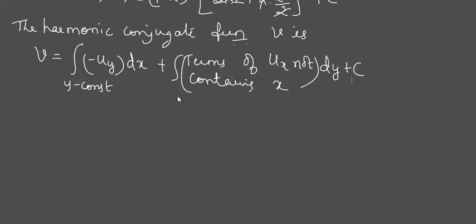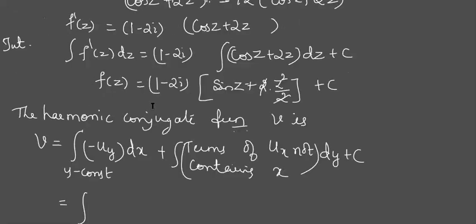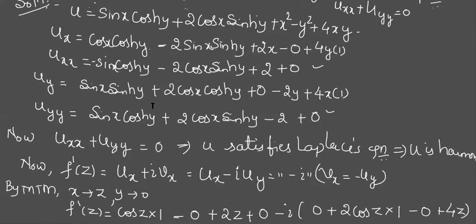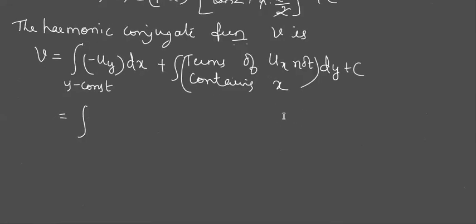Now what are the minus uy terms? Let's check here. Okay, very lengthy expression. Minus uy terms are minus sin x sinh y, minus 2 cos x cosh y, plus 2y, minus 4x.